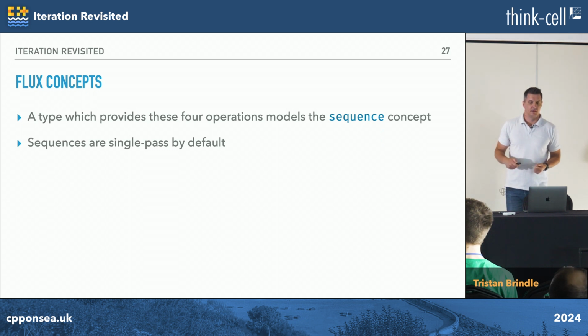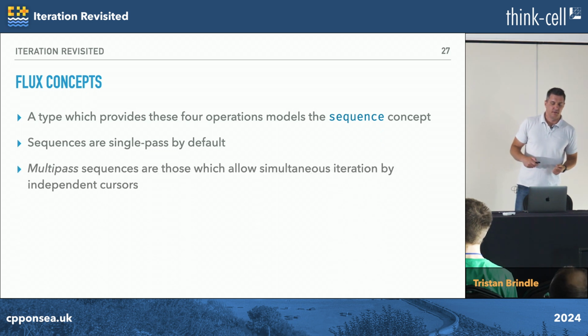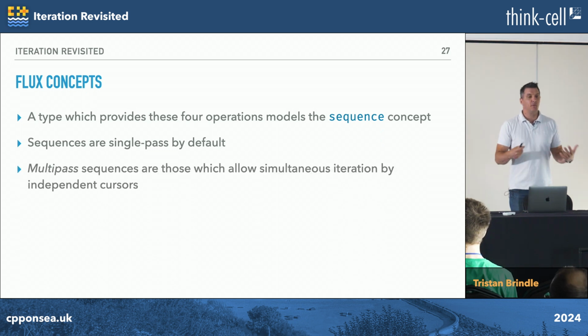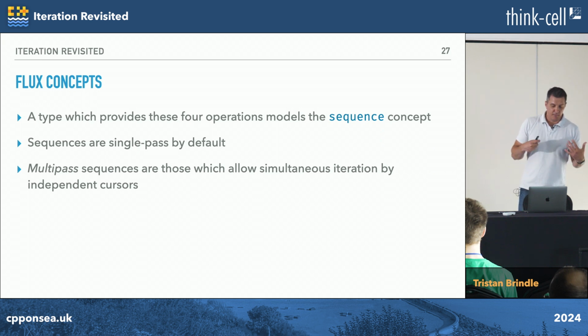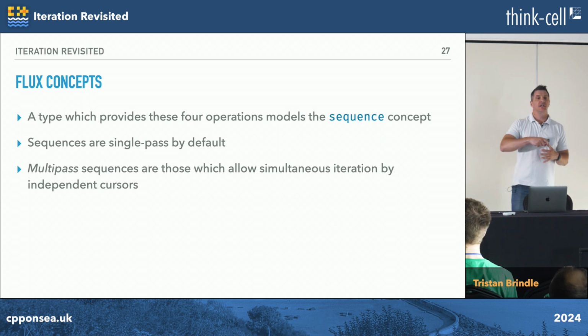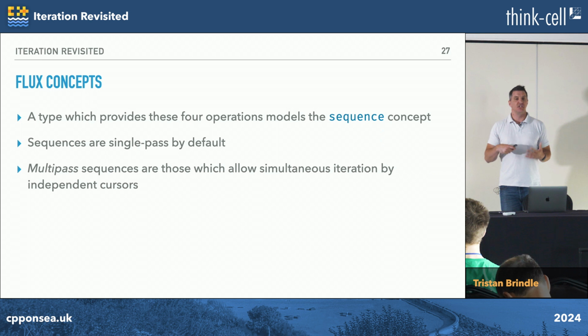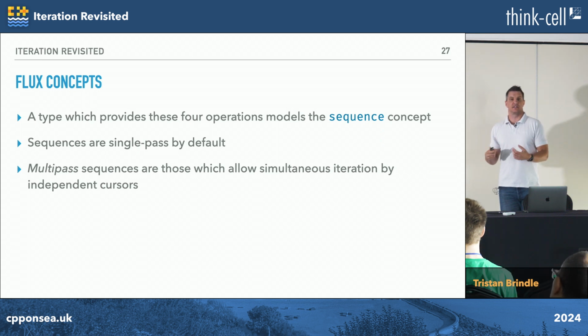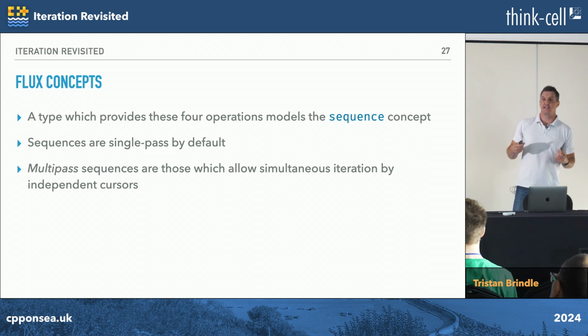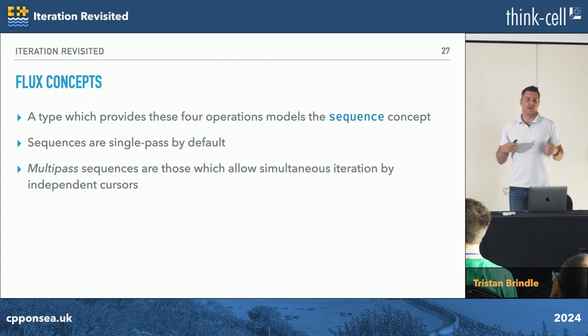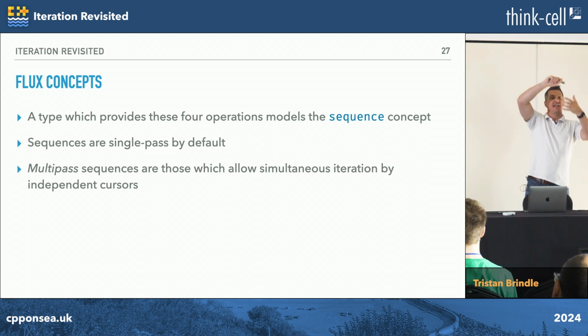Of course, we also have multi-pass sequences. Multi-pass sequences are those which allow simultaneous iteration by multiple independent cursors. These are the equivalent of forward ranges in the STL. What it means is that we can write more sophisticated algorithms. We can save a particular cursor position.